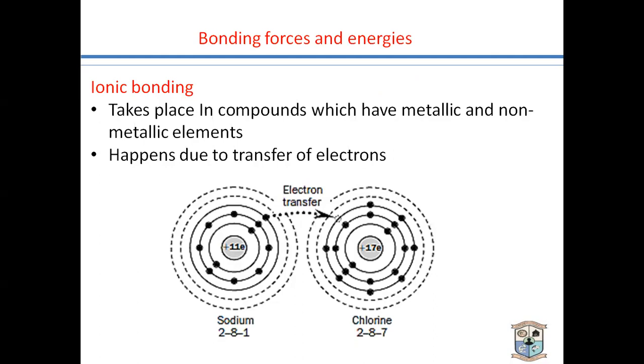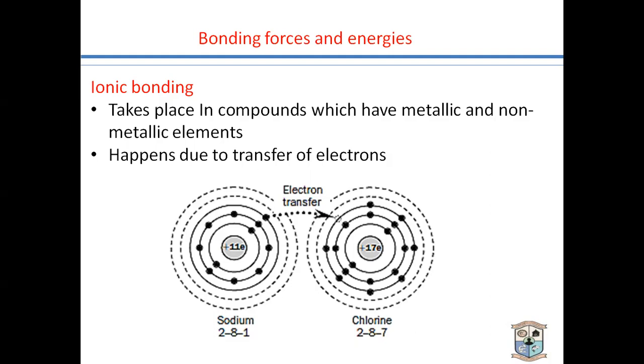So you have, for example, sodium on the far left and chlorine on the far right. That's a typical ionic bond that forms there.